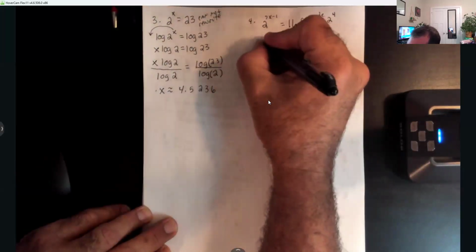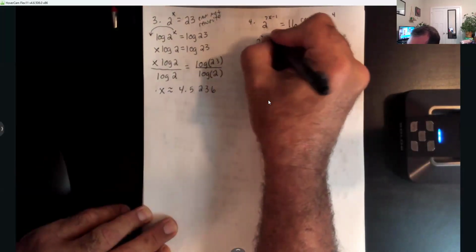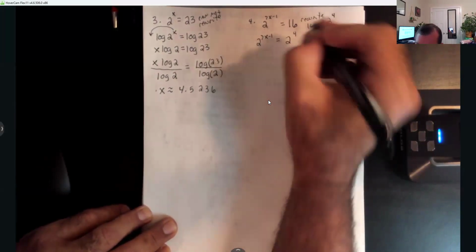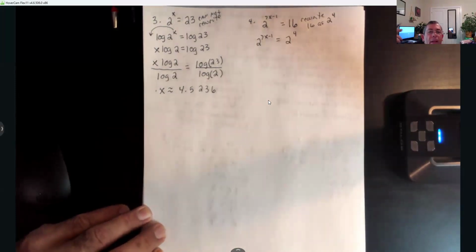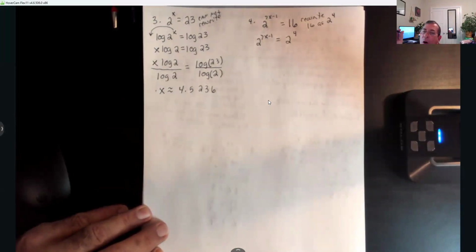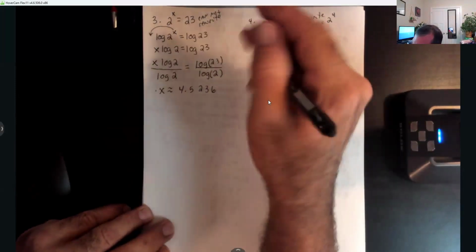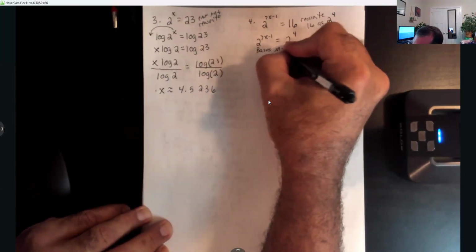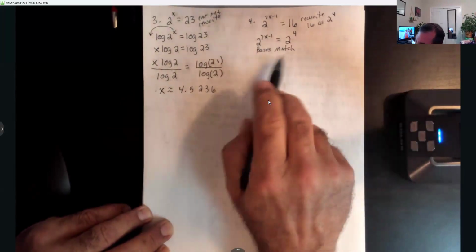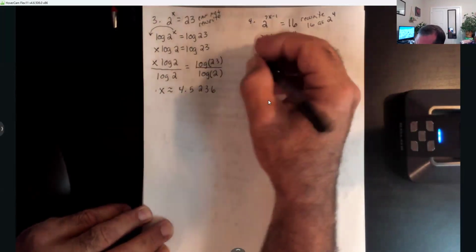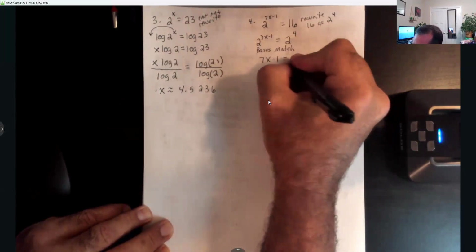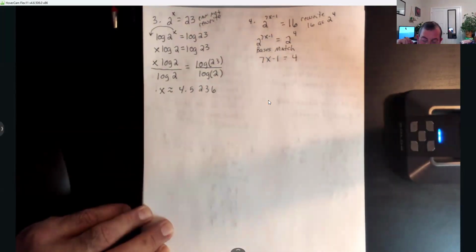So 2 to the 7x minus 1 equals 2 to the 4. It looks like this is the one where our bases actually match up. Since my bases match, that means the 7x minus 1 has to equal 4.